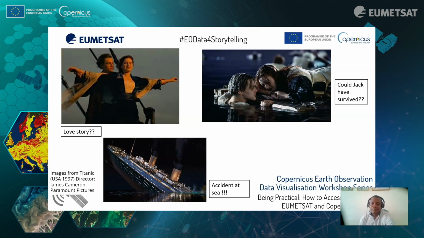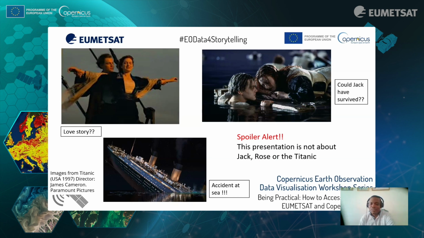But I'd not want to spoil the whole presentation for you. But one thing I'm sure about is this presentation is not going to be about Jack or Rose or the Titanic.